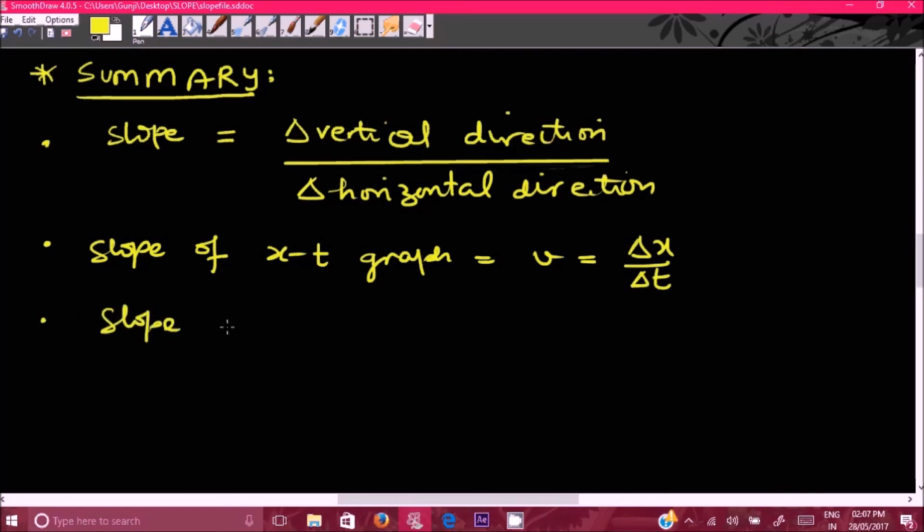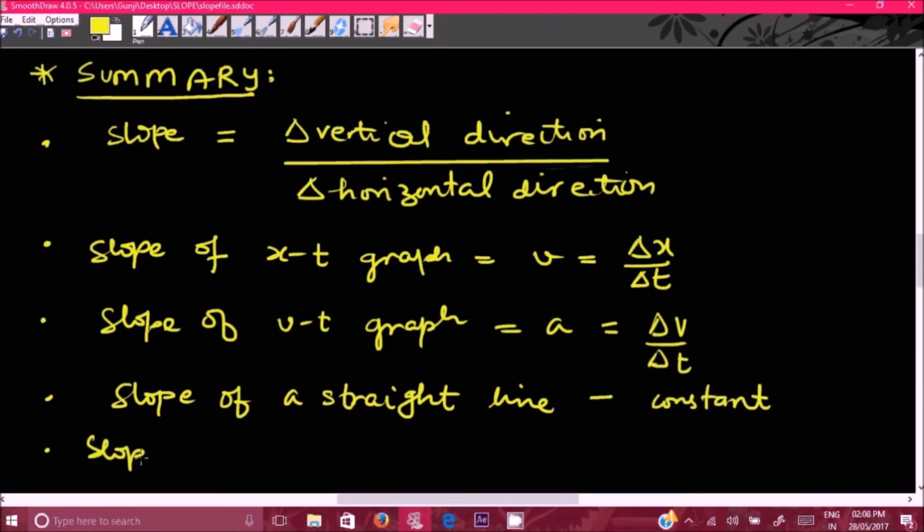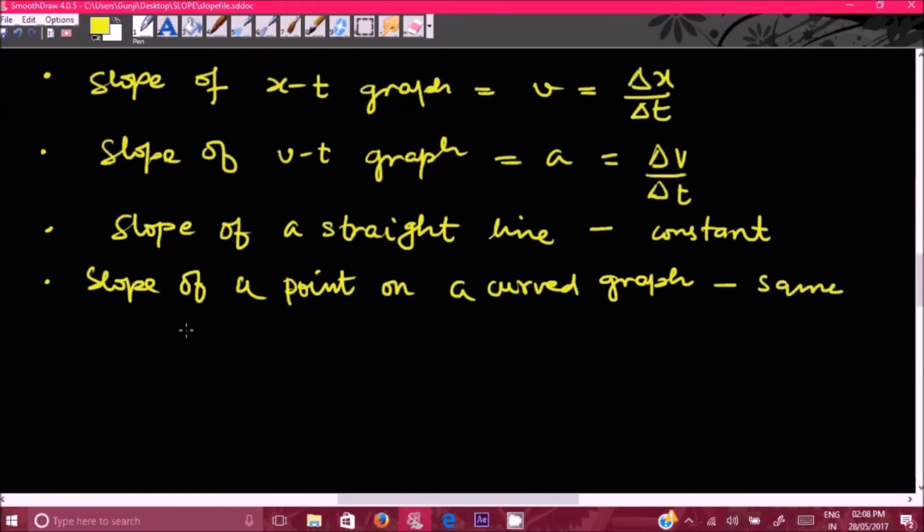The slope of vt graph gives the value of acceleration, which is delta v by delta t. Slope of a straight line graph is a constant, whereas the slope at a point on a curved graph is the same as the slope of its tangent.